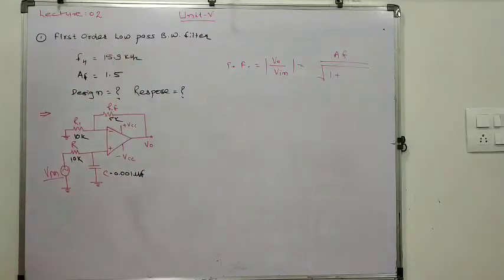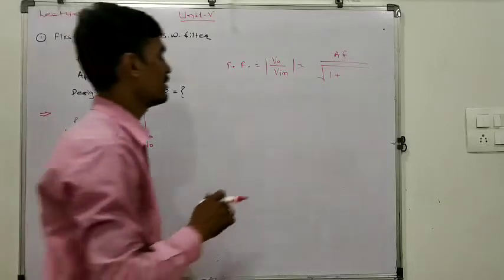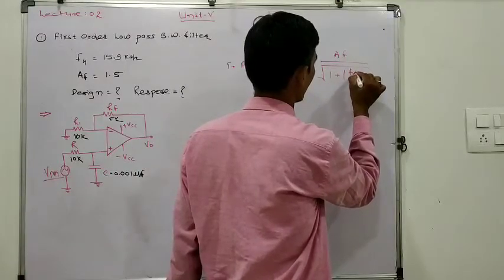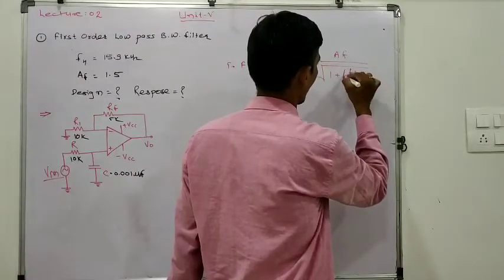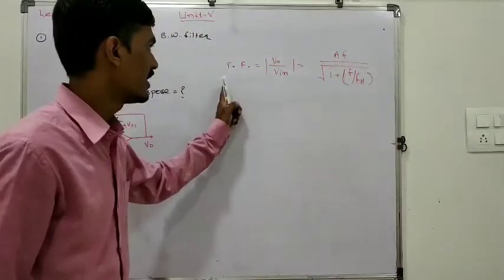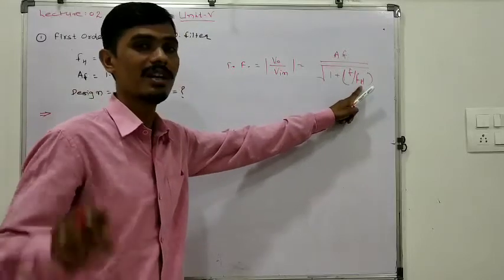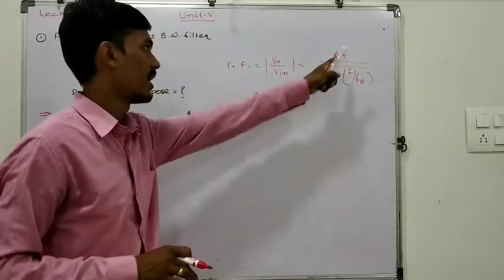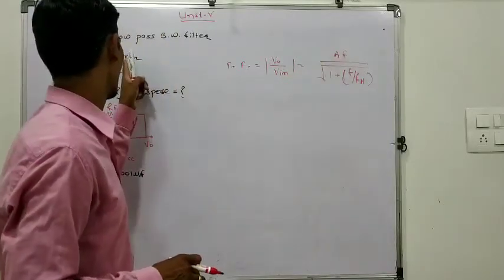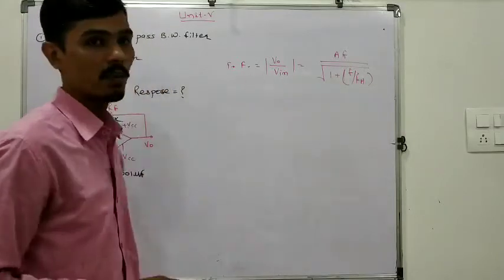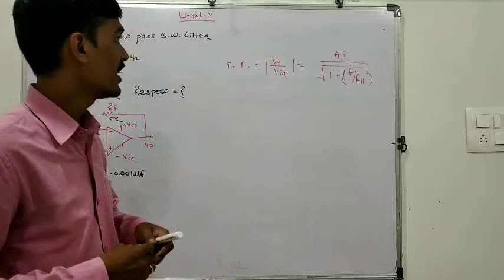It is nothing but AF divided by under root of 1 plus F by FH. F is the frequency at which we are calculating the transfer function, and FH is the cutoff frequency. AF is the passband gain, and its value is AF equal to 1.5 and FH is equal to 15.9 kilohertz. So this is the transfer function.